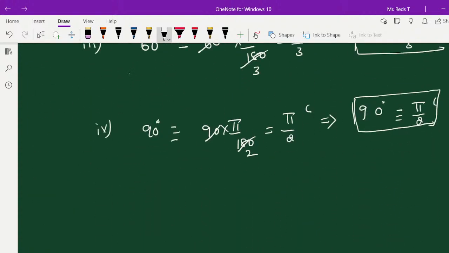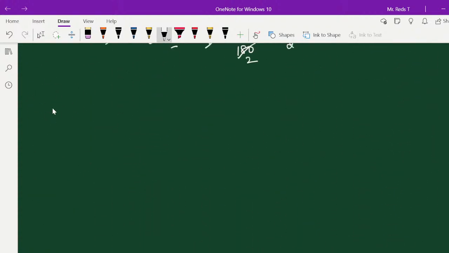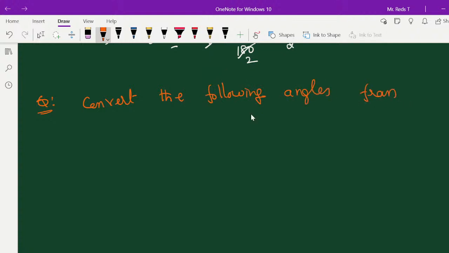You can take a few examples as part of a question. Convert the following angles into degrees. That means the angles will be given in radians; you have to understand that.